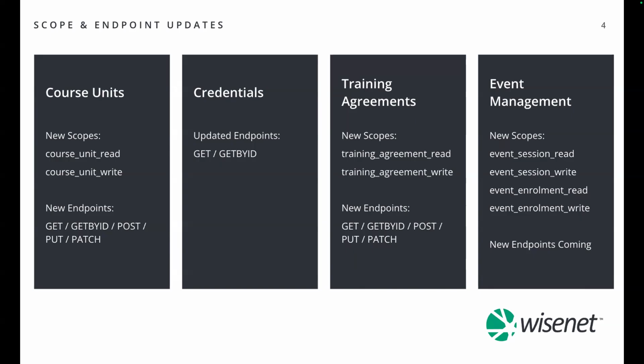Training agreements are there to assist in work-based learning. And so they allow you to set up an agreement, offer course enrollment with a learner, and then track things like site visits, communication, assessments through that part there.